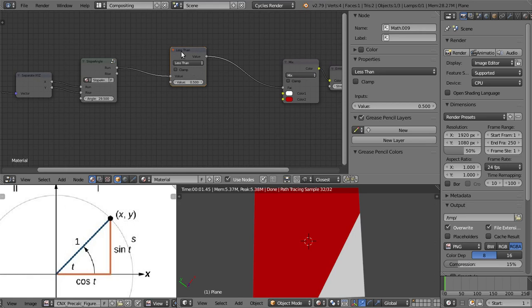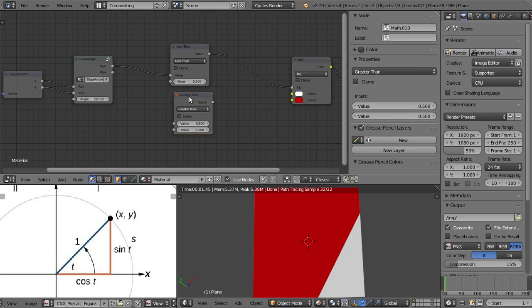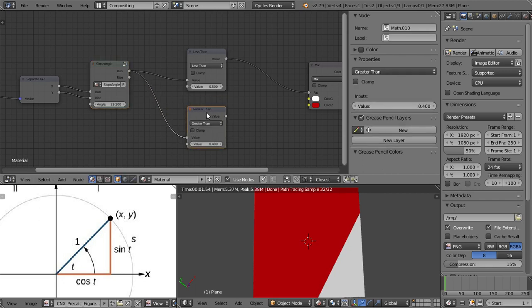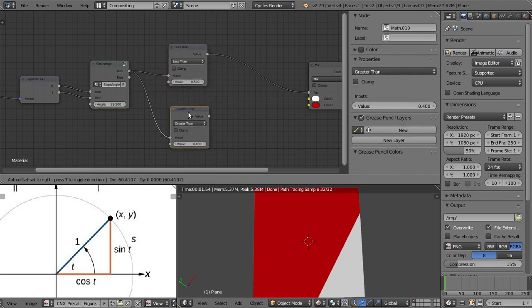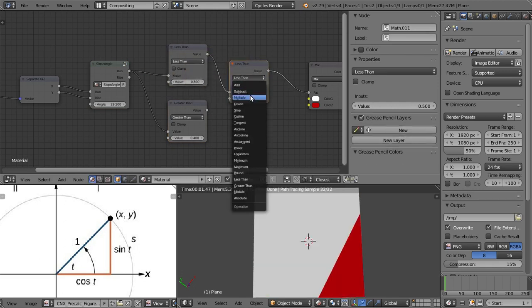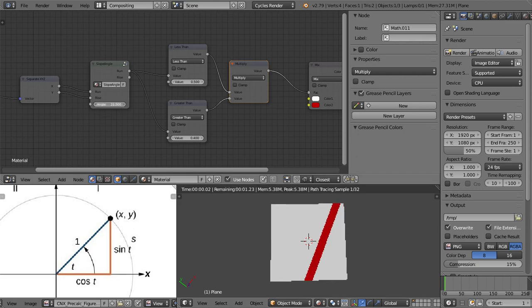So now we can do Shift D and greater than. And I'm going to multiply so we have that range. And yeah, now we have an angle.